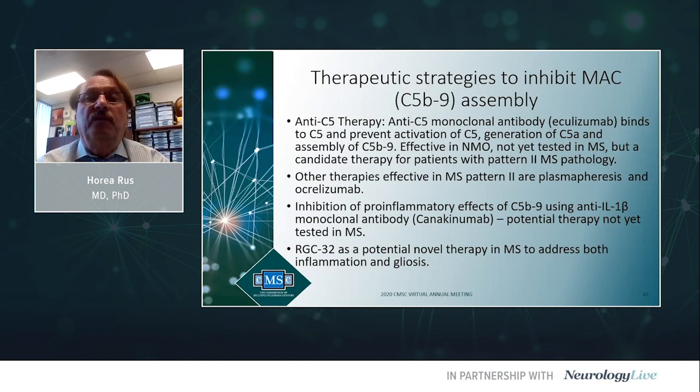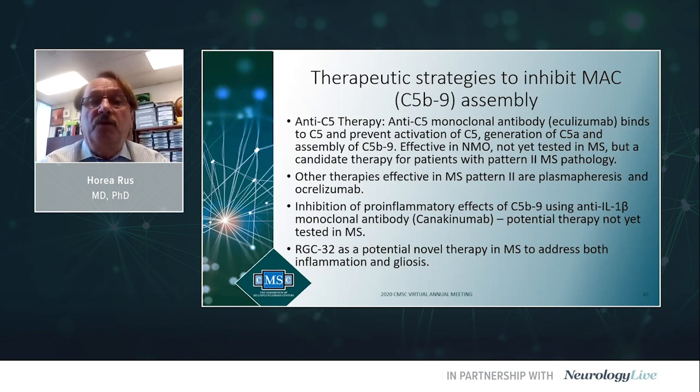Other therapies effective in pattern 2 were plasmapheresis, which was shown in a small study, and presumably ocrelizumab also works in the type 2 MS pattern. A potential other therapy is inhibition of pro-inflammatory C5b-9 effects using a monoclonal antibody against IL-1 beta, also called canakinumab, which has not yet been explored.